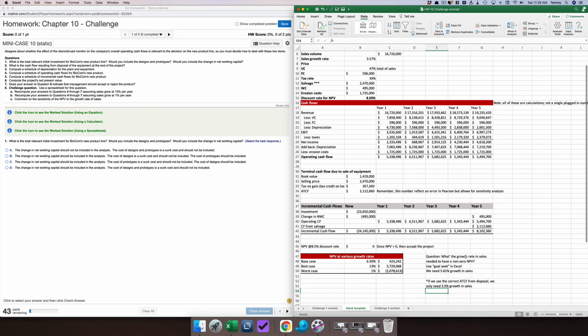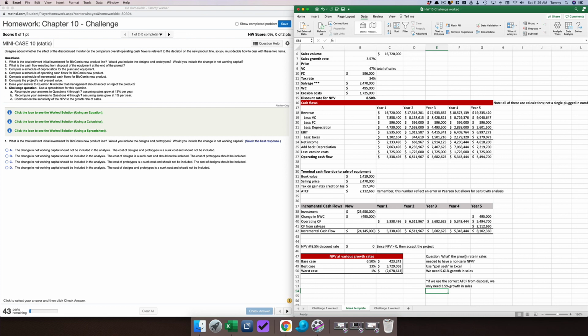A big difference. And this is where finance and financial analysis becomes an important part of strategic management decisions. It's a big difference whether you have to grow sales at 3.5% versus 5.5% to even break even.